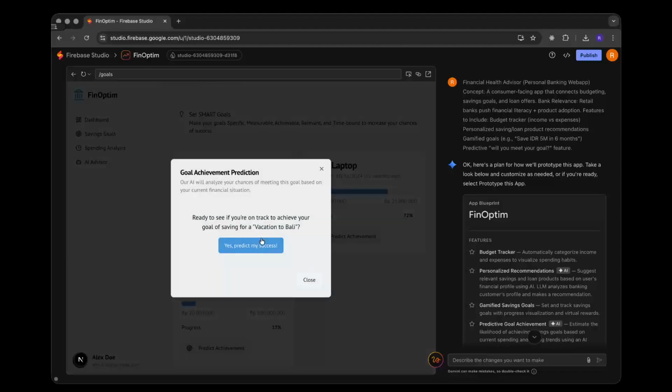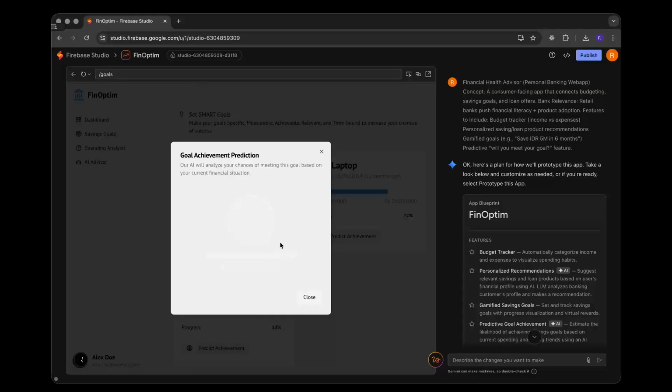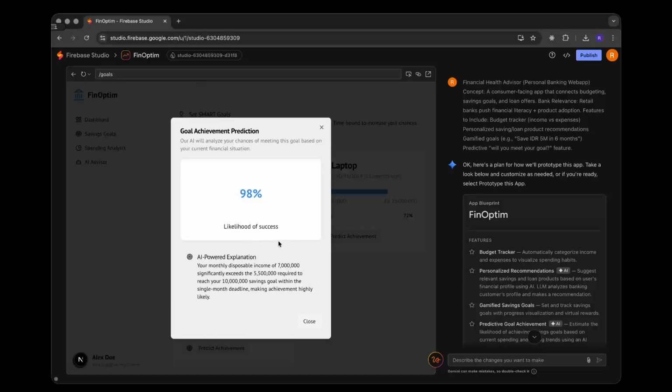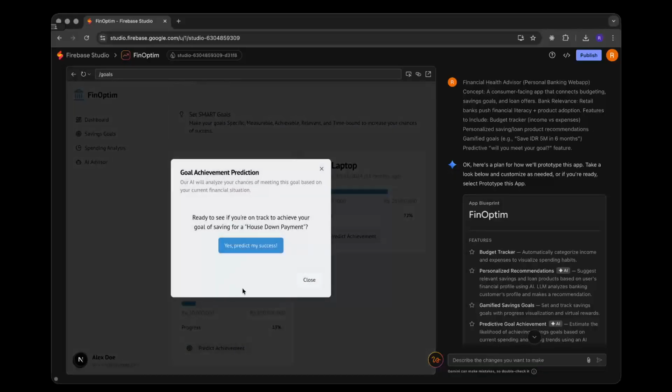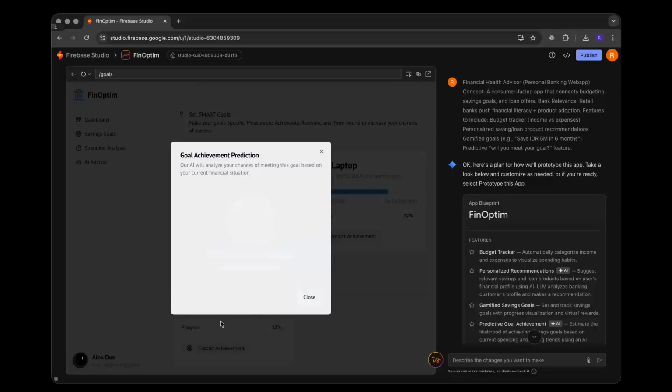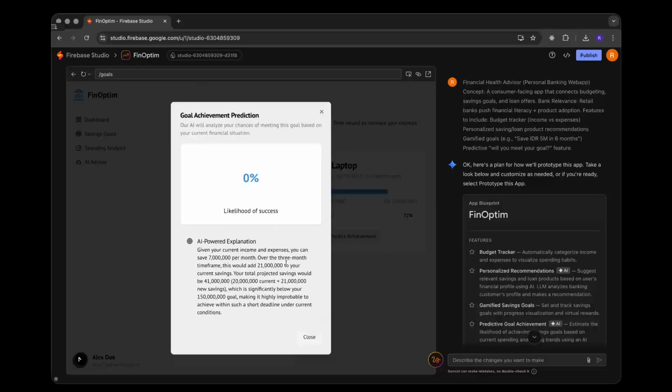But so far, this is the AI compartment of this app. It's able to predict whether or not the user is able to achieve the goal that they set out. For example, this one is still quite low in the amount that they're allocating, and it will show that it has a low likelihood of success.